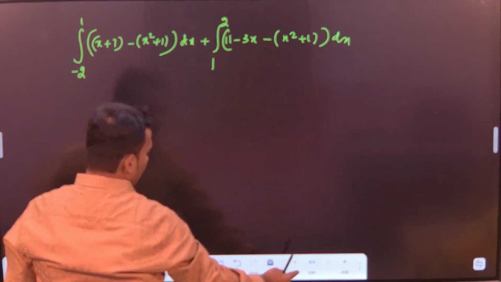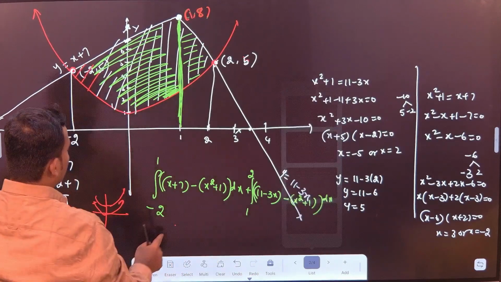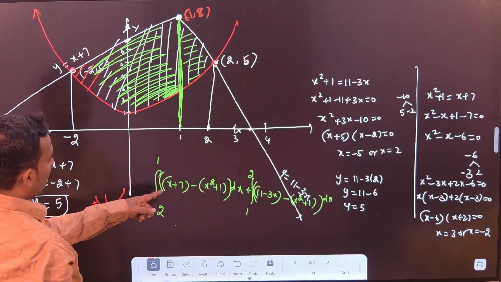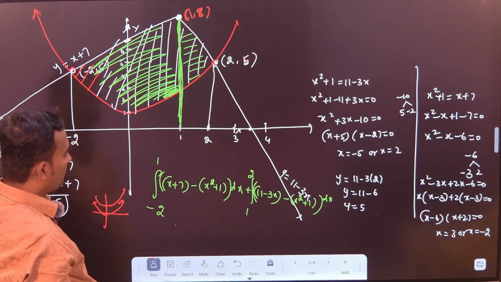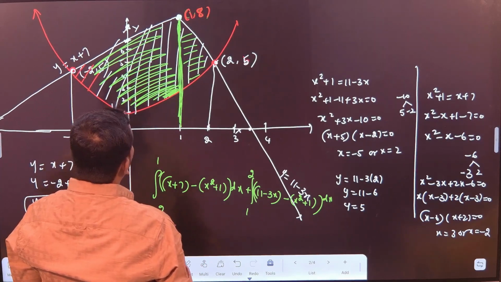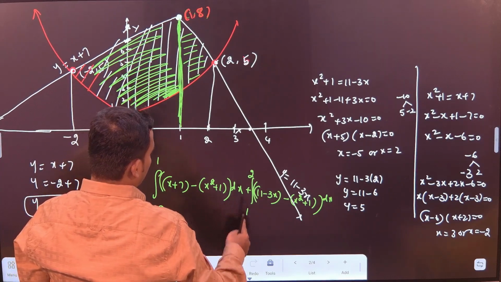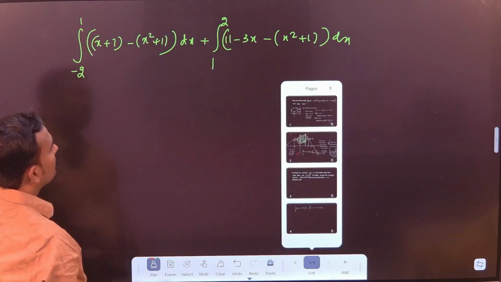Clear? You can check once: x plus 7 minus (x square plus 1) and 11 minus 3x minus (x square plus 1). Yes, good. From 1 to 2, correct or not? Yes, 11 minus 3x. Okay.